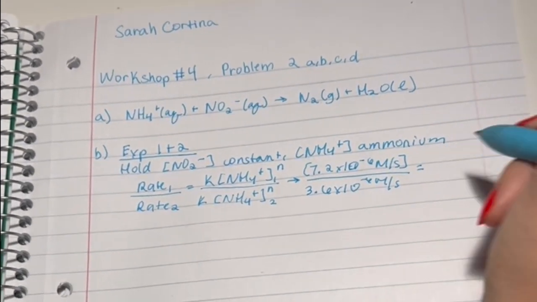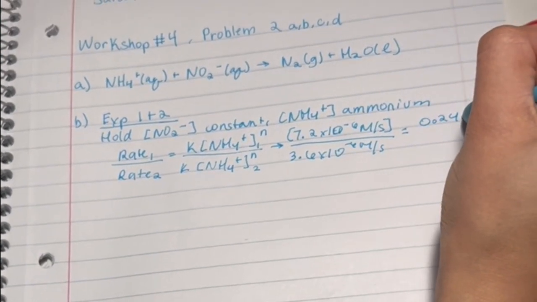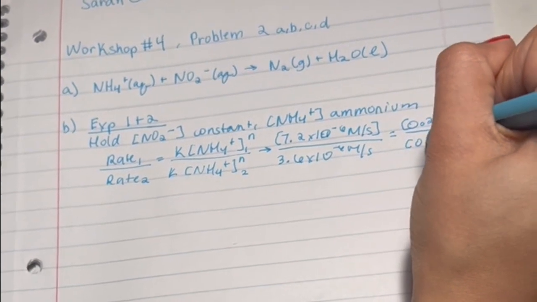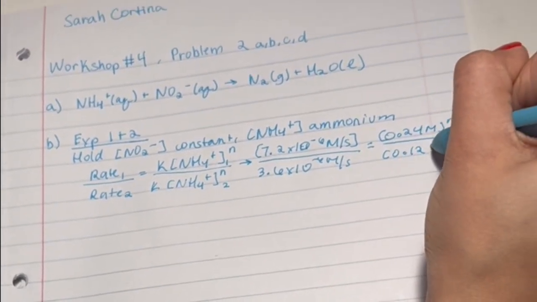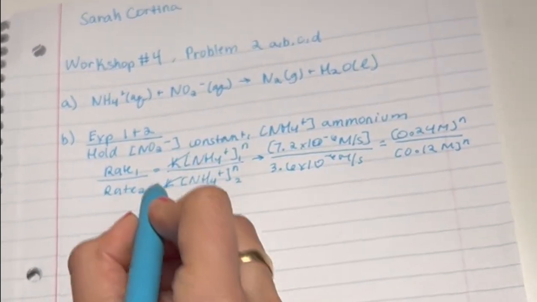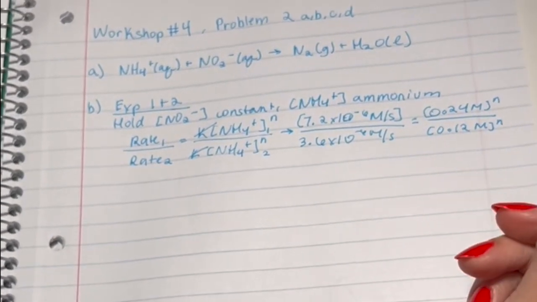And that is going to be equal to 0.24 molarity raised to the N power over 0.12 molarity raised to the N power. And we crossed out the K's because they're the same in top and bottom.